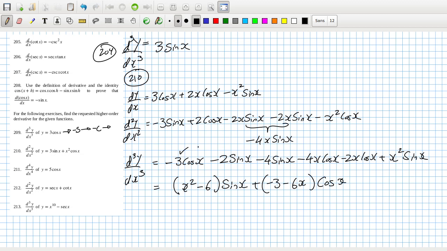Isn't that right? So the best I can do is x squared minus 6 sine x minus 3 plus 2x cos x. I think that's as good as I can get for 210.